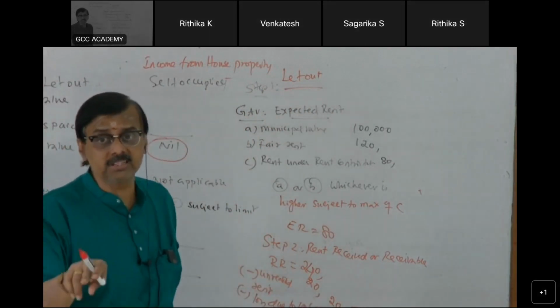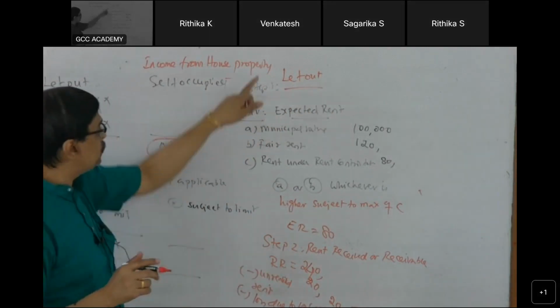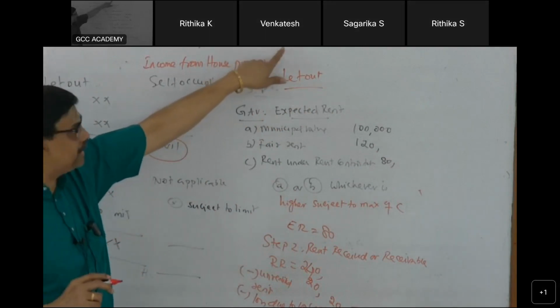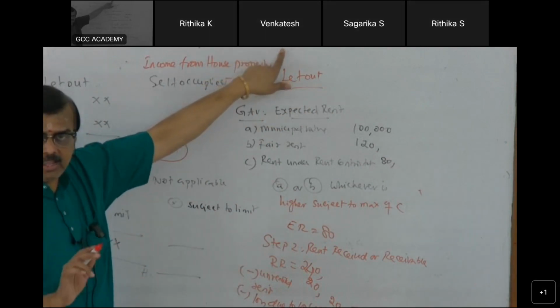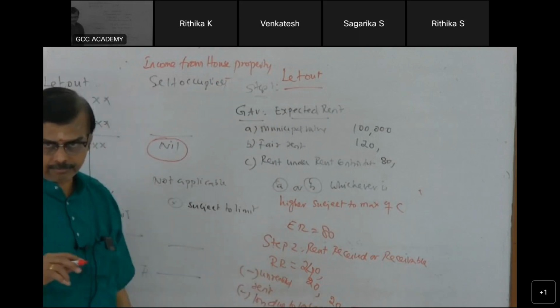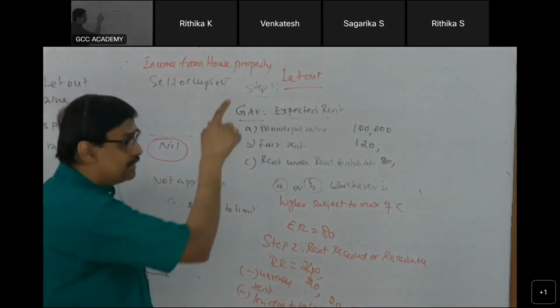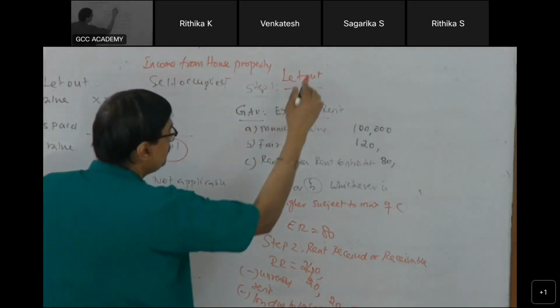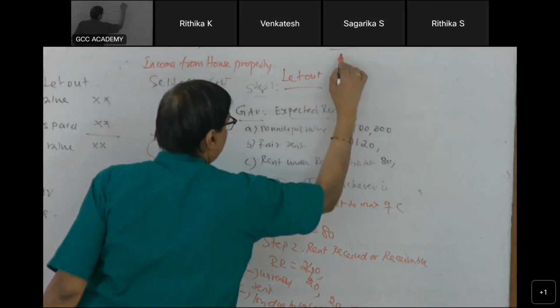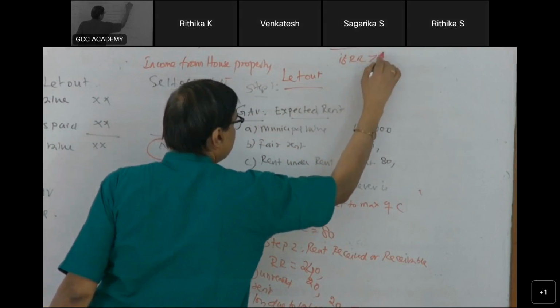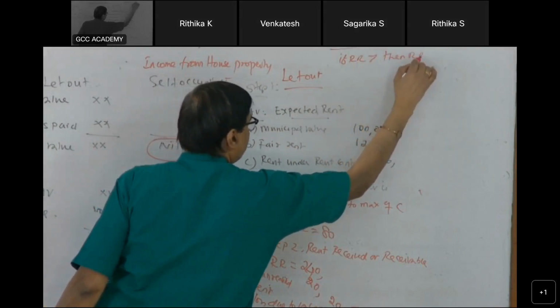Let us say RR is 60. Then this situation will arise. If RR is less than ER, then ER minus vacancy allowance will be your GAV. Now, at this stage, carefully observe, if RR is greater, then RR is GAV.